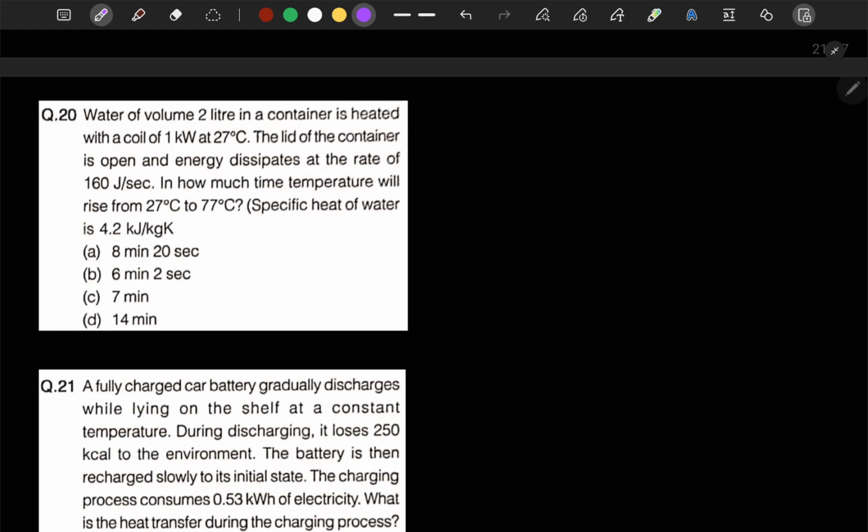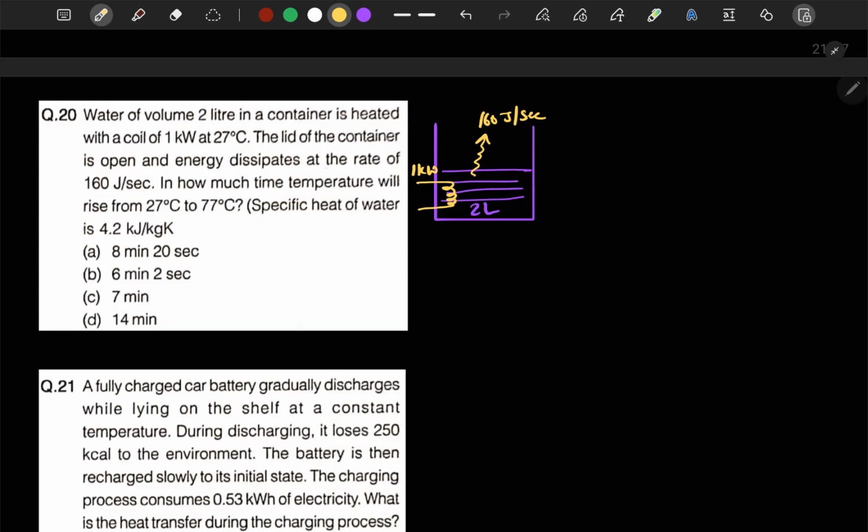In this question it is mentioned that there is water in a container at a volume of 2 liter. So this is our 2 liter water. Now the lid of the container is open, and a coil is placed. Coil value is 1 kilowatt, and the energy loss is at the rate of 160 joule per second.